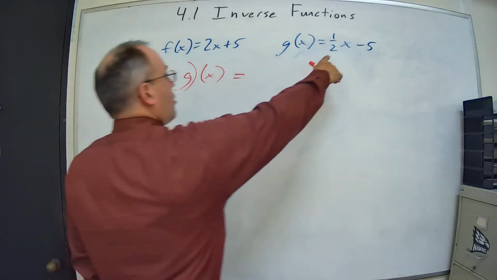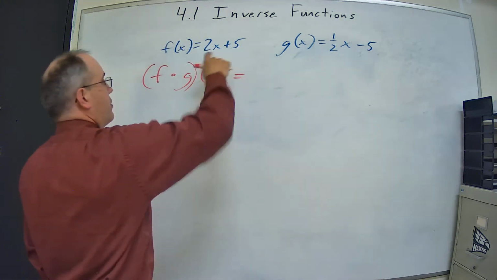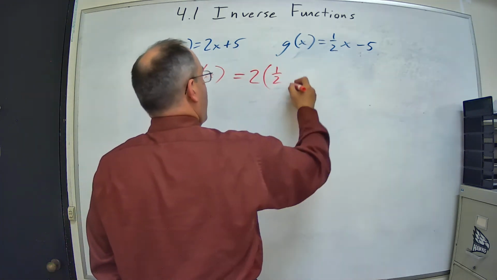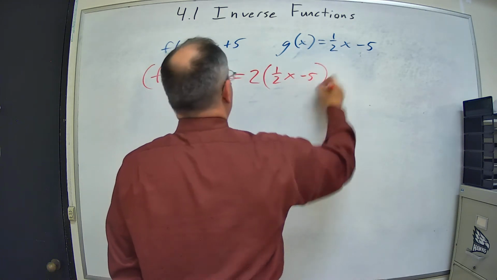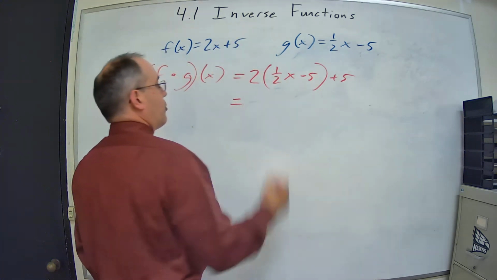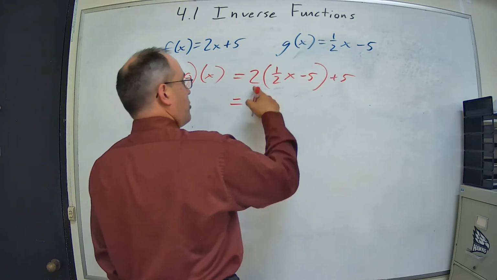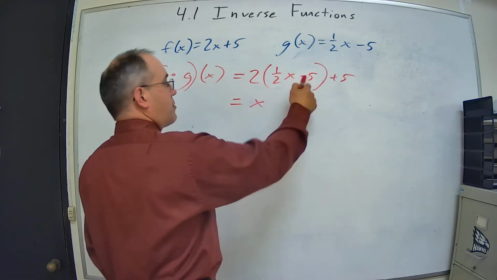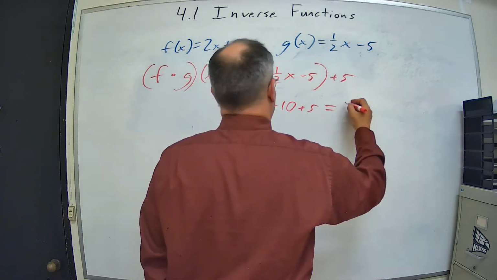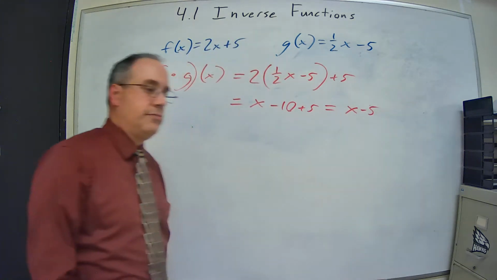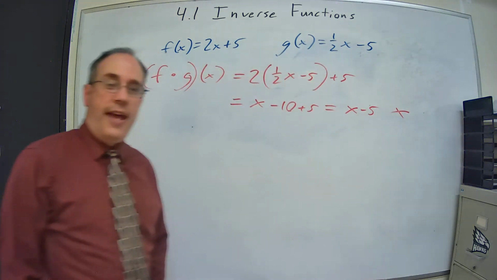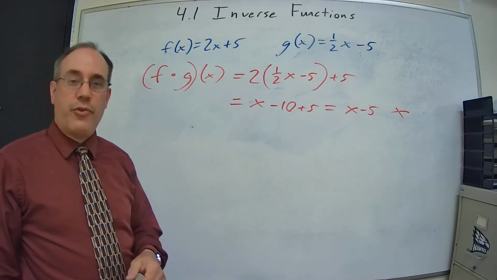So we're going to take 1/2 x minus 5 and plug it in place of x here. So that's 2 times (1/2 x minus 5) plus 5 is equal to, distribute the 2 through. 2 times 1/2 is 1, so that gives us x. 2 times -5 is -10, plus 5 is equal to x minus 5. Well, guess what? That failed the test. So no, these are not inverses of each other.